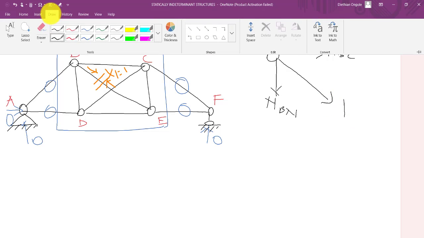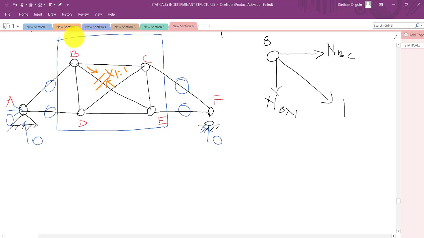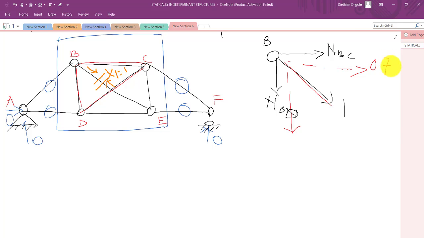To be able to find the forces N BC and N BD, I need to resolve this unit force here into the x and the y direction. When I resolve it into the x and the y, since this triangle here that we have is an equilateral triangle, we know that the forces would be equivalent to root 2 times 1, which gives us approximately 0.7, in the x and also in the y direction.